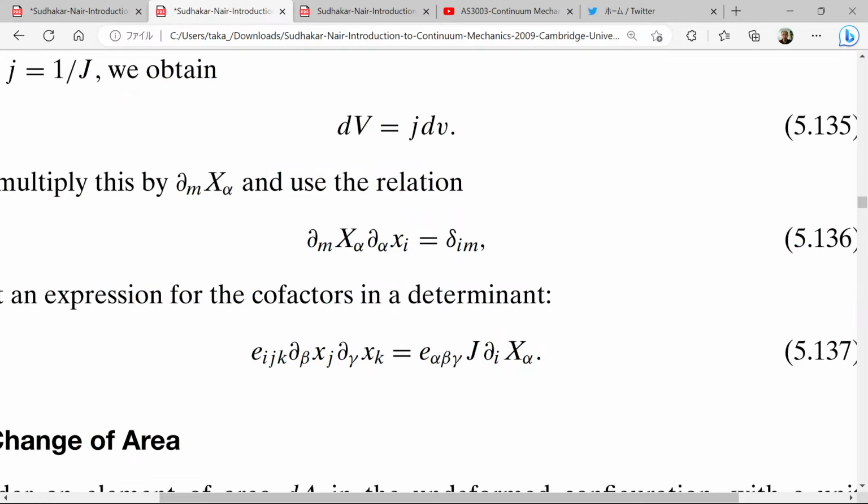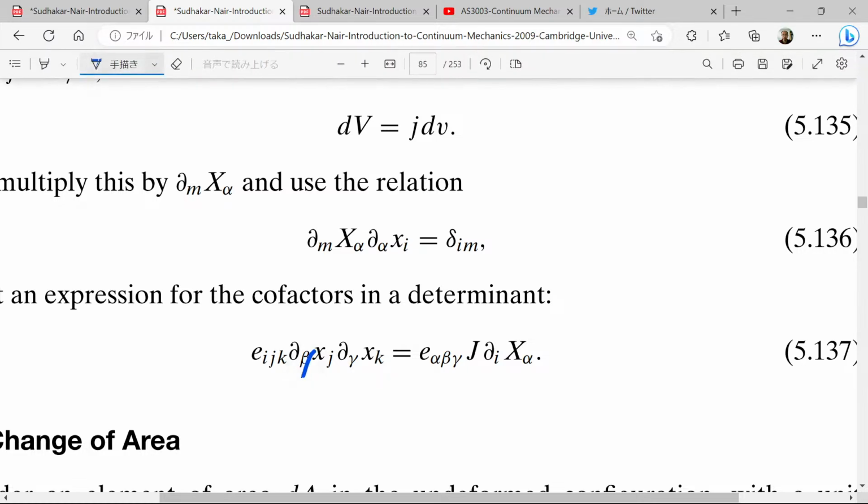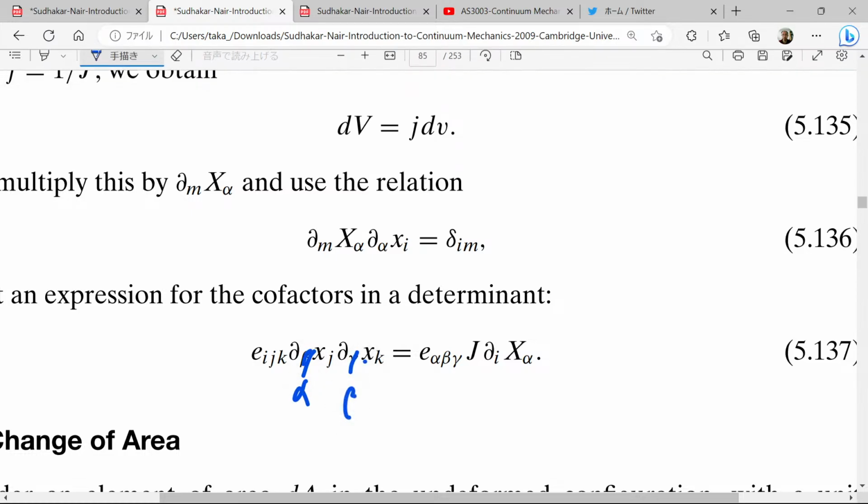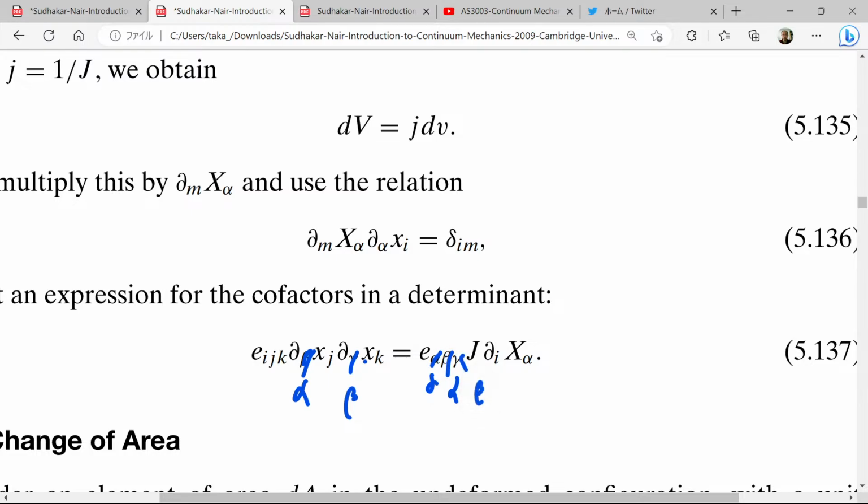Let me see. Let me try this. This one alpha. This one beta. This one gamma. This is alpha. This is beta. This is gamma.